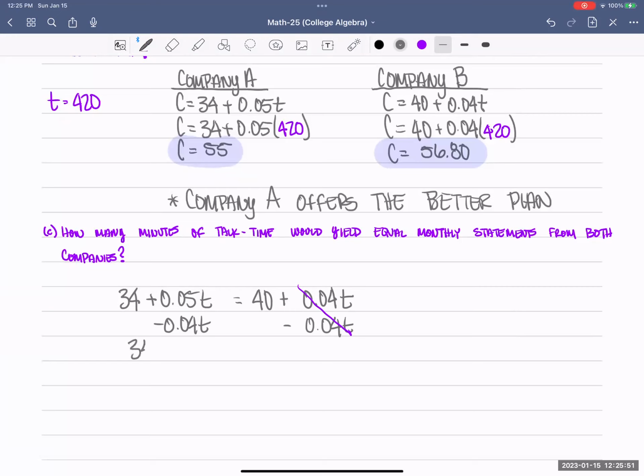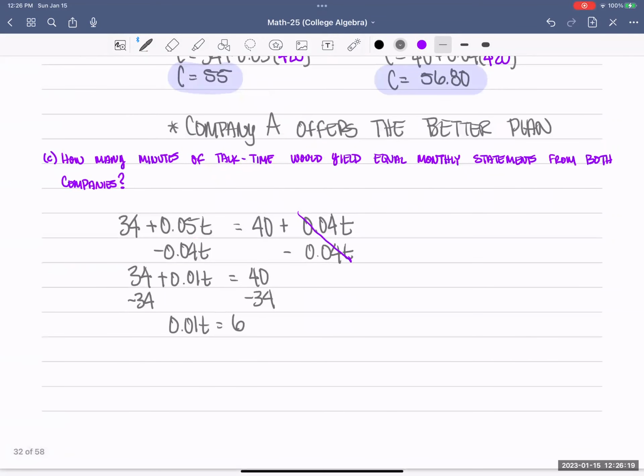We're left with 34 plus 0.01t is equal to 40. And let's get this over, subtract 34 from both sides because that one doesn't have a variable. 0.01t is equal to 6.